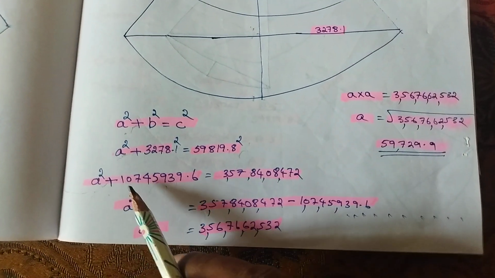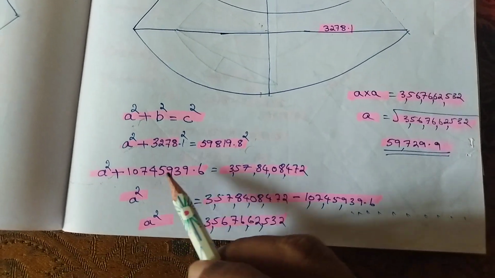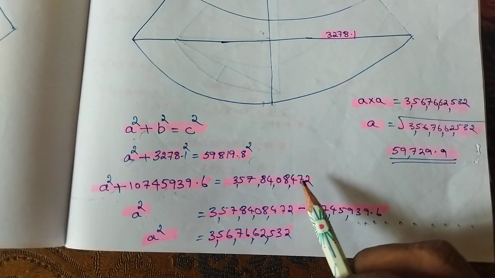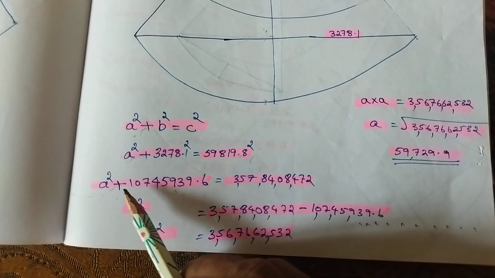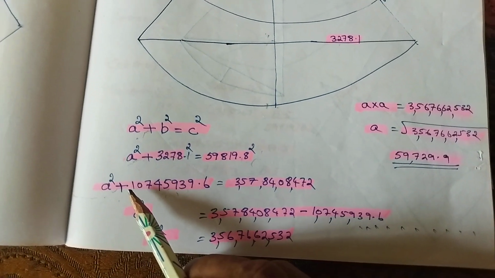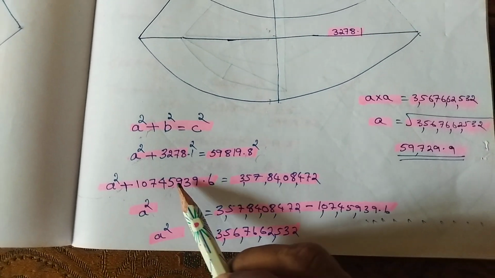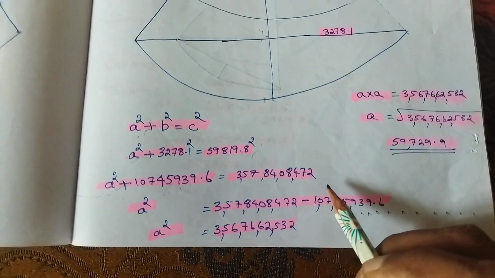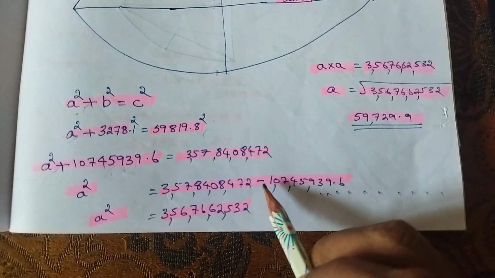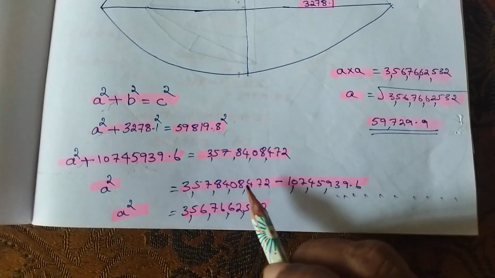For that purpose, this measurement has to be taken to the right side of this portion. When it is taken to the right side, it will be decreased.